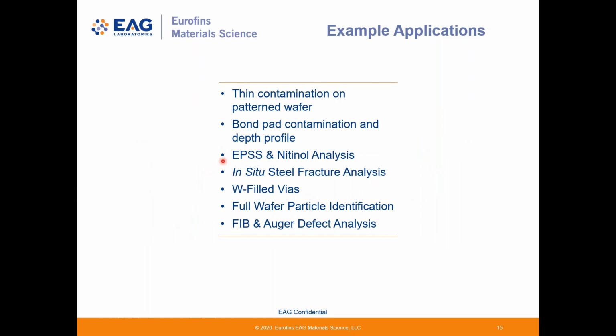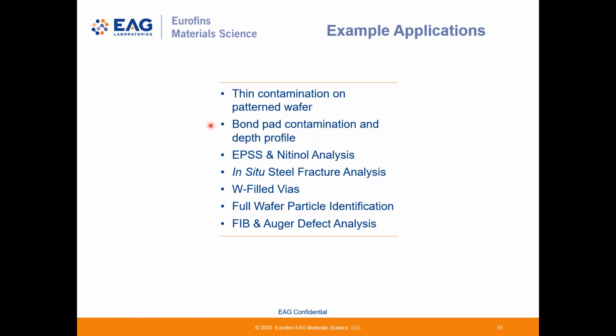Okay, so let's see this technique in action. We're going to start looking at some examples. Here are some typical analyses that we have done over the years. We'll start off with a couple of semiconductor applications where we identify contaminant on a pattern wafer, and then look at an aluminum bond pad that exhibits poor wire bonding behavior.